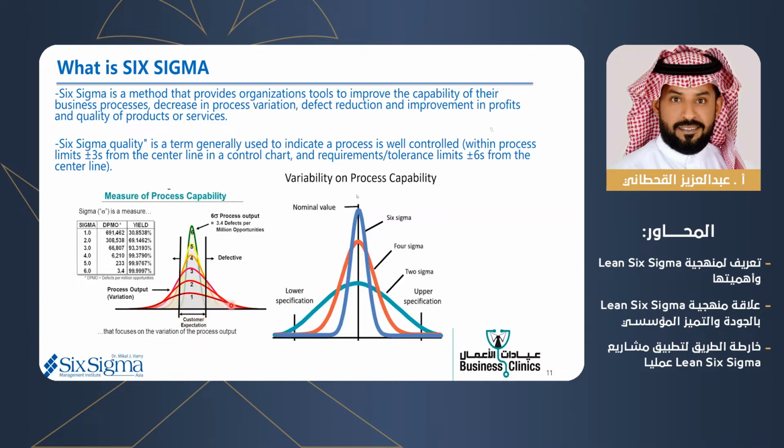So this data, which exceeds the upper specific limit or the lower specific limit, is considered defective. So there is a problem here where we need to investigate and do some analysis in order to improve the process capability and reduce the variation.